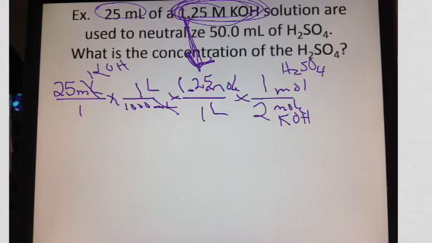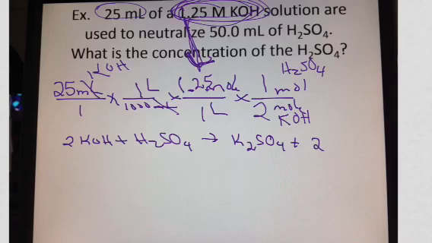So I got those from the balanced chemical equation. It was 2KOH plus H2SO4 made K2SO4 plus 2 water. And you can write water H2O or HOH, it doesn't matter.